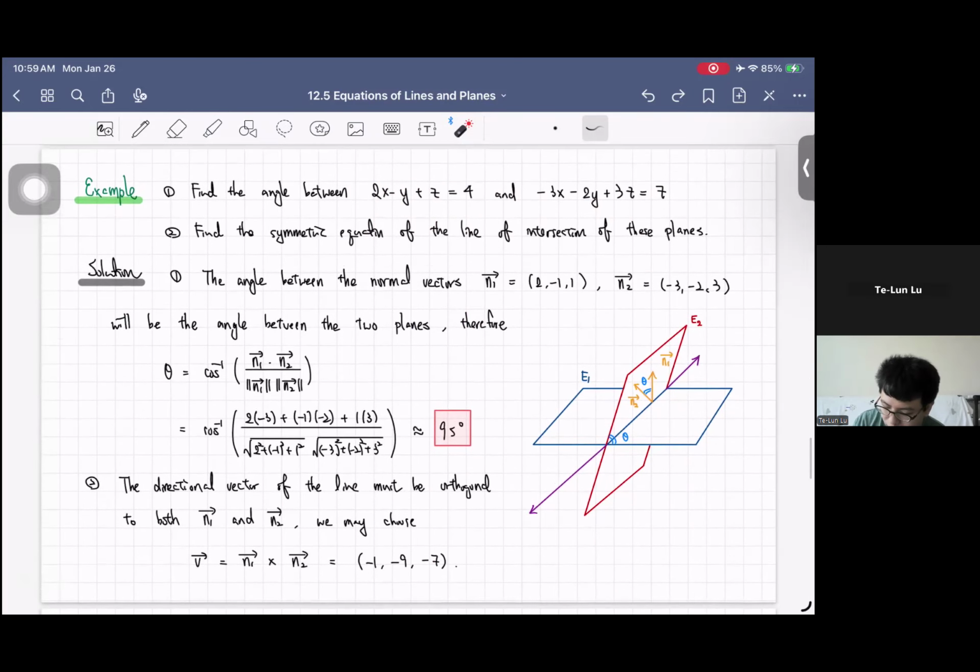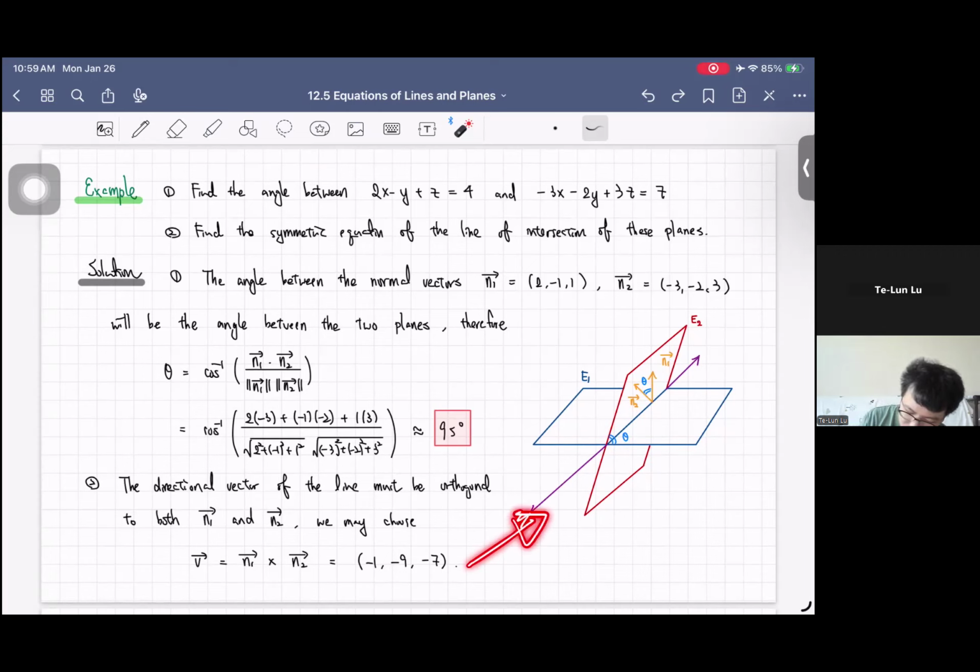You can see in my picture here, I tried to draw this precisely. You have two planes, E1 and E2. Now if you draw the normal vectors, E1 has this direction, right? E2 has this direction. You can see that the angle between E1 and E2 is the same as the angle between the normal vectors N1 and N2, right? And in some sense, it might be simpler to see it this way.